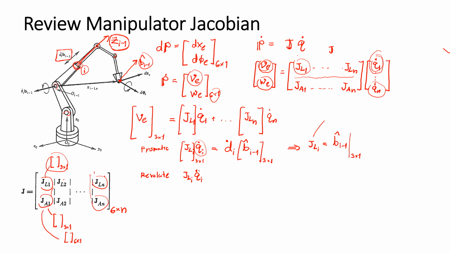If the joint is a revolute joint, the axis z(i-1) is the same direction as the rotational axis of joint i.